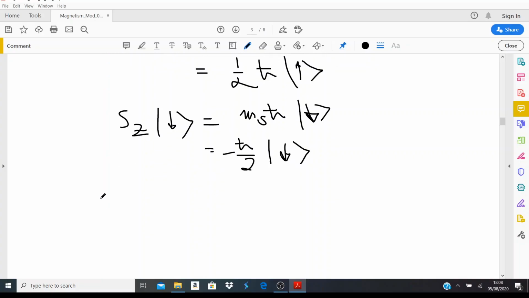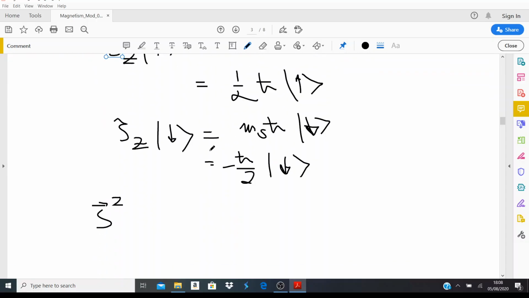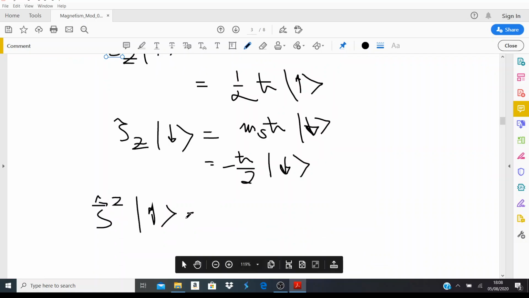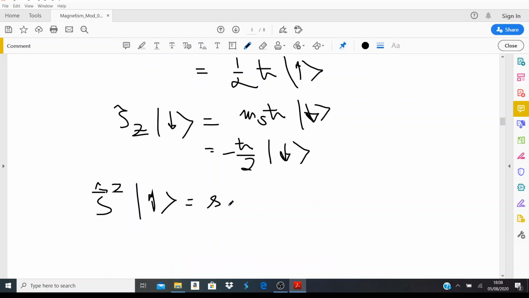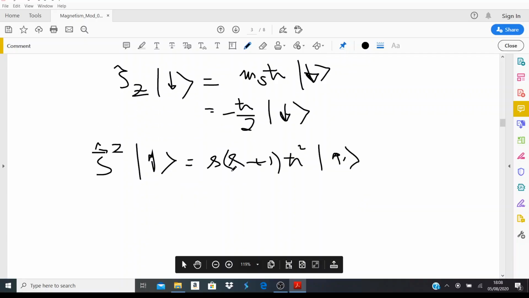And what about S square now, right? These are operators, so let me just put a hat for consistency. So what about S square operating on the up state? You know what the eigenvalue is, right? The eigenvalue is s(s+1) h bar square times the state itself. And what is the value of s for a single electron?